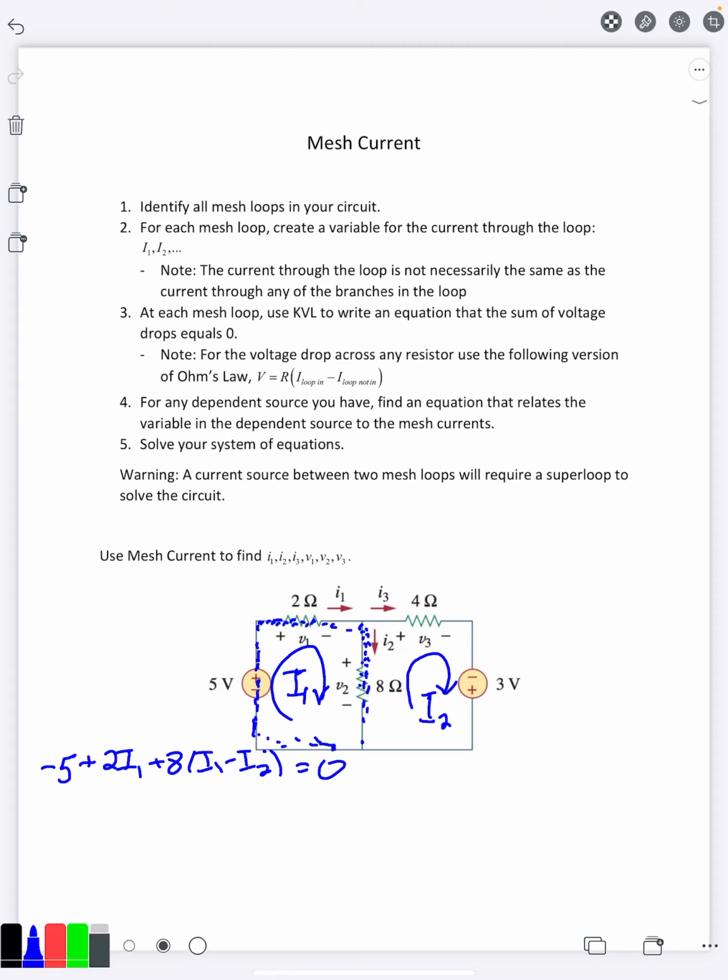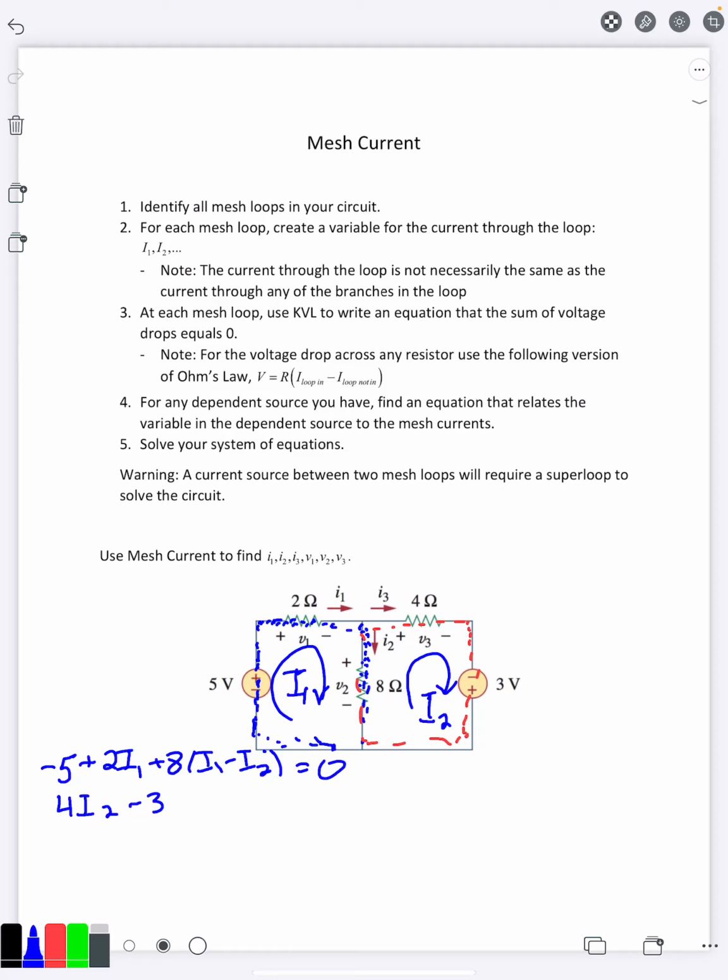Then if I look at the right side going clockwise, I see the 4 ohm resistor. Now again, this 4 ohm resistor is only in the second loop, so it's only affected by the second loop's current. So it would go ahead and just be 4 I2. I'm coming in the negative side of the voltage source there, so minus 3.